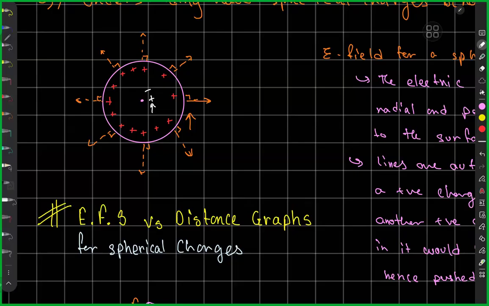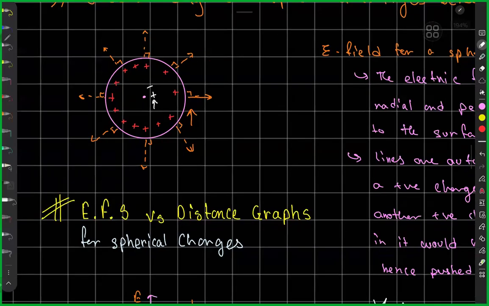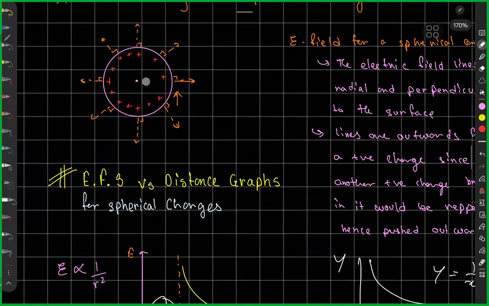That is what it means to have 0 electric field strength inside the sphere. Granted, all of the charges have evenly spread apart and taken a position around the surface of the sphere like this. Granted, that has taken place. If I now put in a charge inside somewhere, it will feel no force.